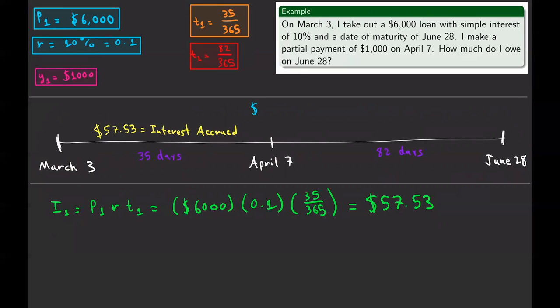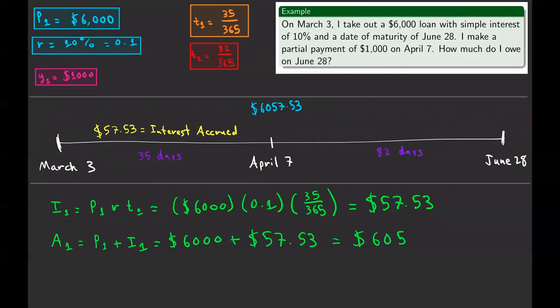I'm going to owe the $6,000, but also the $57.53. And I just did that work in my head, but we could see here that I'm really just taking A1, how much I owe on April 7th, is just P1 plus I1, which is my 6,000 plus my 57.53, which is 6,057.53. That's how much I owe on April 7th.